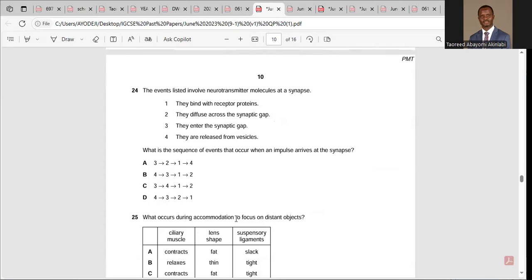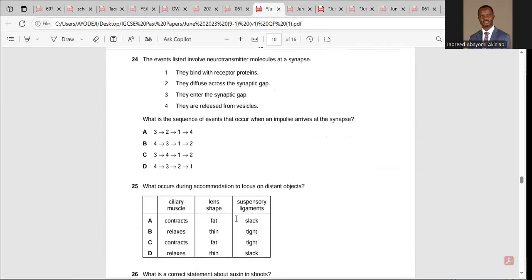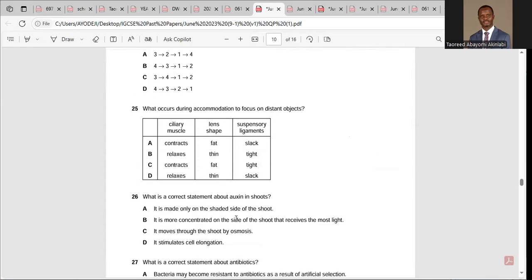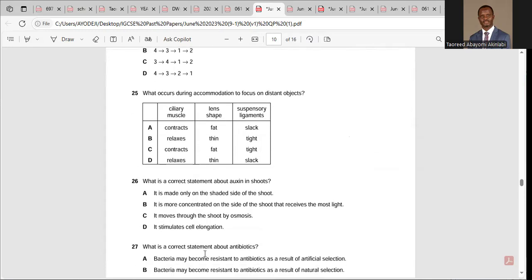Now, going to question 25, what occurs during accommodation to focus on a distant object? Accommodation is the ability of the eye to adjust its focal length in order to view both far and near objects. When the object is far, the lens will get thinner.